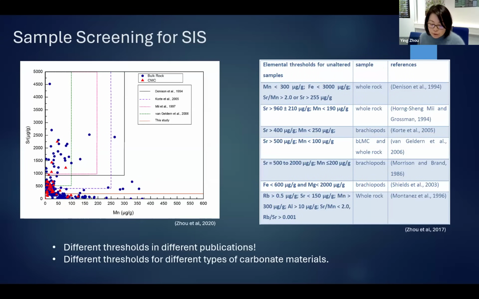We need to screen samples for strontium isotope studies. Here I have compiled a few published cutoffs and thresholds. You can see that the cutoffs are quite different for the concentrations of strontium, manganese, and the other elements, and for different samples we have quite different cutoffs.